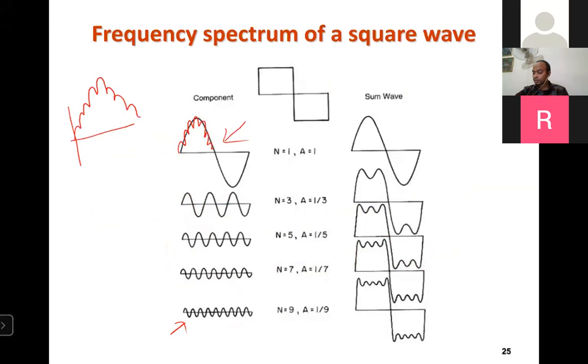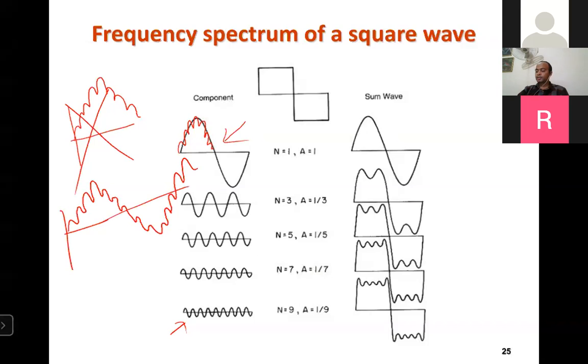Not exactly like this. Okay, so this may be the shape.